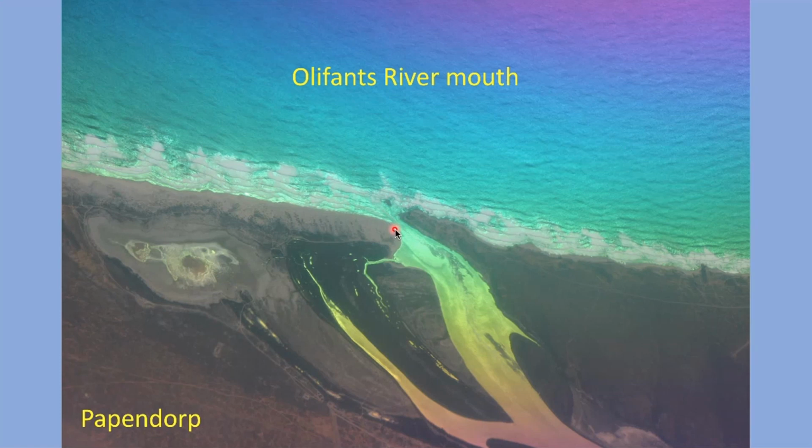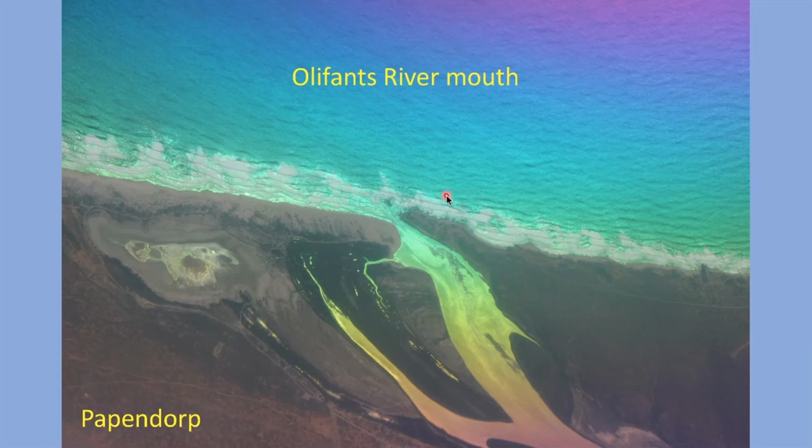And the river water can build up behind this dune system. And then eventually in winter, when the rains come, the water gets high enough, it breaches the dune. And once it does that, it can erode through and cut through it. So in some cases, you'll get a seasonal cutting off of the river flow into the ocean.